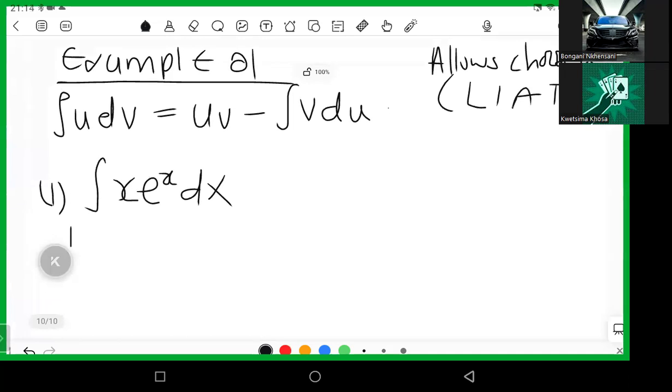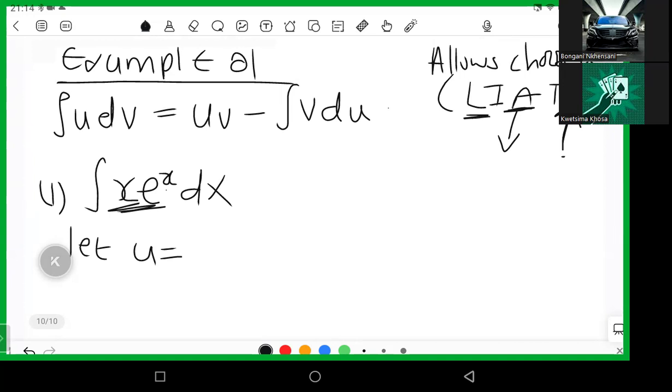We're going to say let u be equal to. We have to choose our value of u between these two. Because x is algebraic, x falls under this one, and e to exponent x is an exponential. So you must know the difference between exponential, trigonometric, algebraic functions, inverse functions, and logarithmic functions.